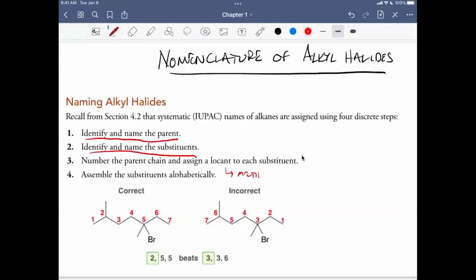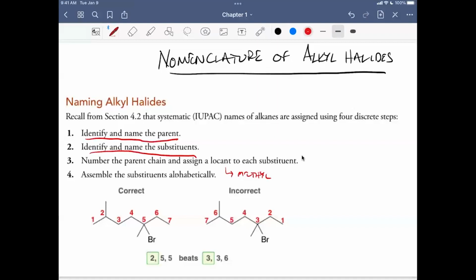So for example, if you have one carbon going out on a substituent, you would name that a methyl. And then you would assemble those substituents alphabetically. So there's really nothing new. It's just adding some new words and some new compounds in your total nomenclature name, you could say.